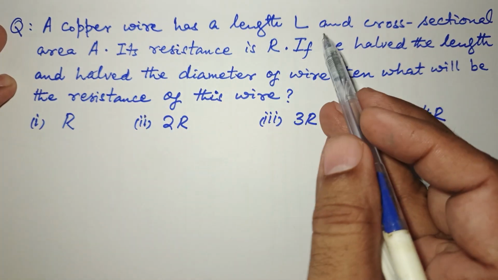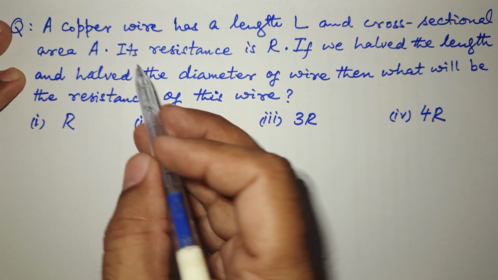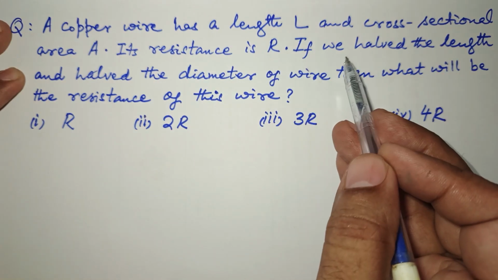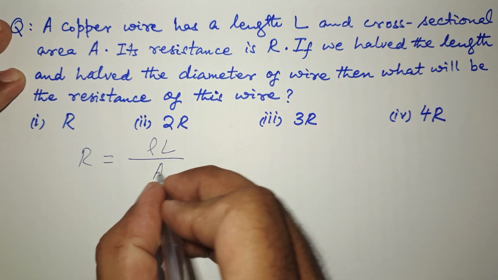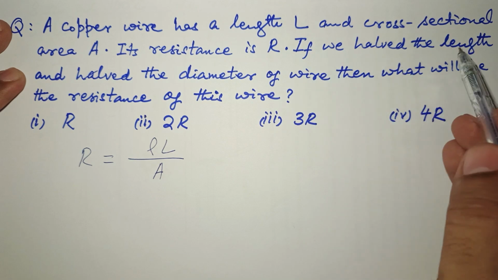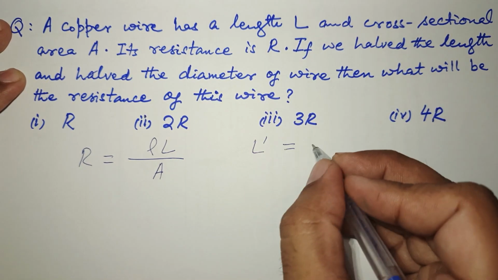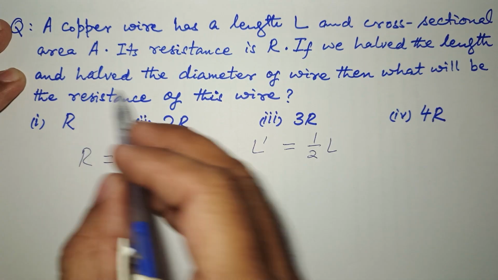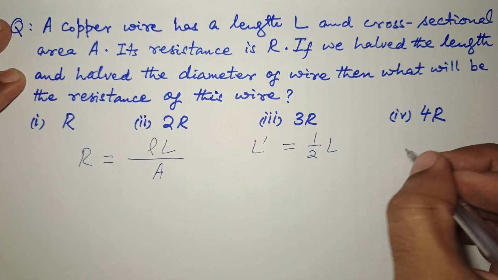A copper wire has a length L and cross-sectional area A. Its resistance is R. We know that the formula for resistance is R equals rho L over A. Let this be the first case. If we halve the length, then L prime will become half L, and we halve the diameter of the wire.